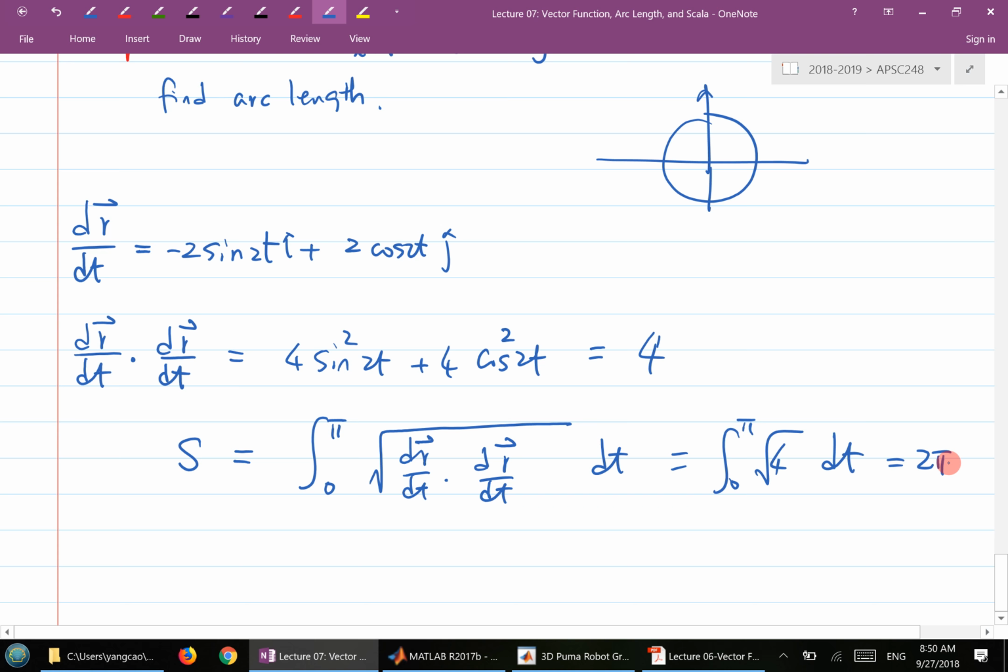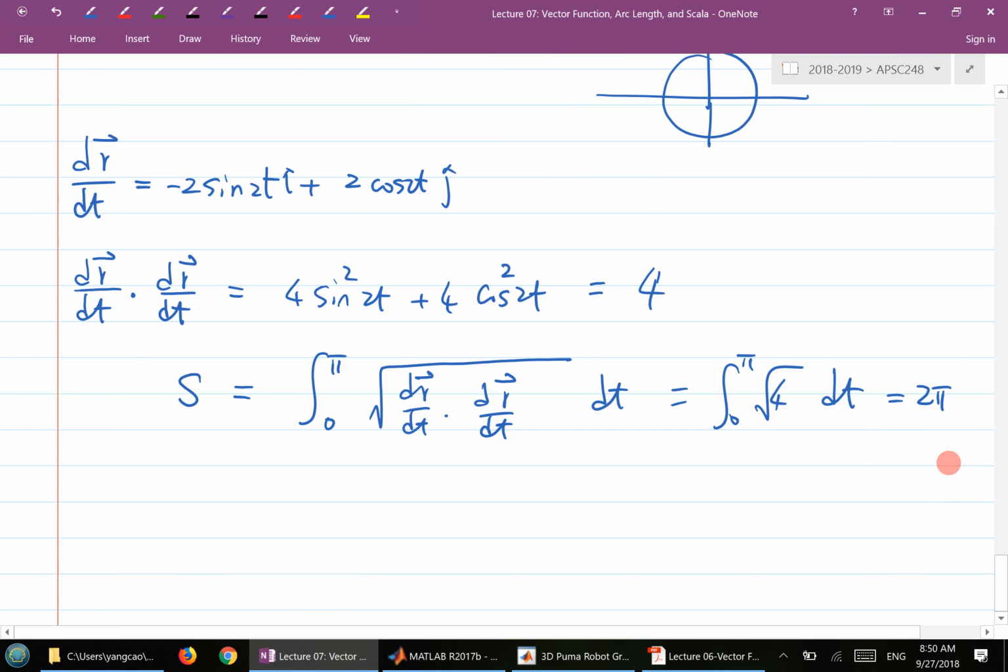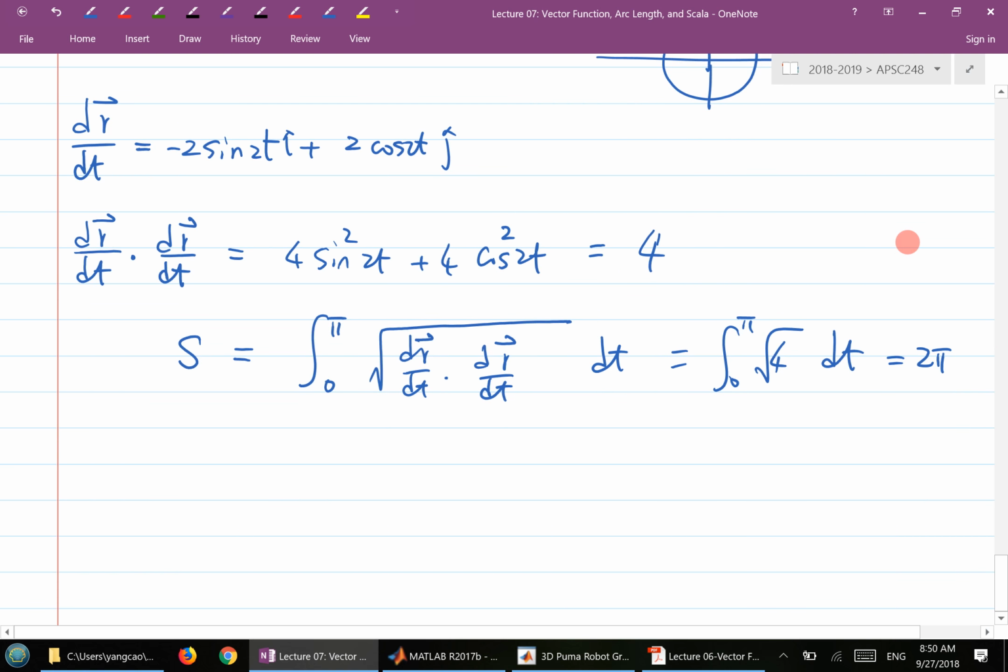Another thing I want to emphasize: I know a lot of you have your own habits of writing mathematical expressions. I really want to normalize this. Every year I emphasize, when you write down an integral, don't forget to write down the dt.